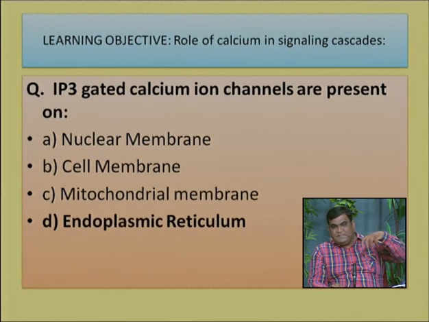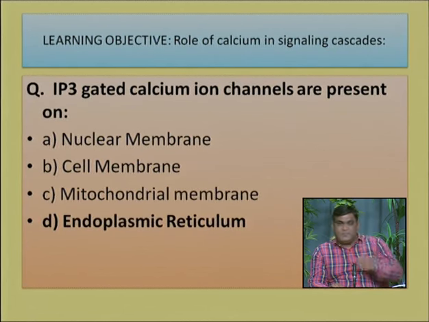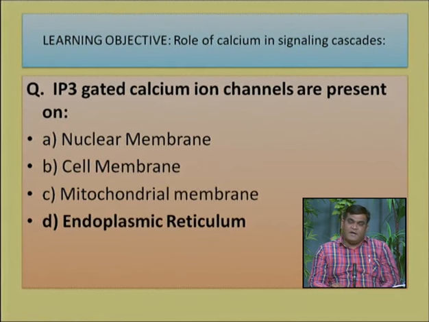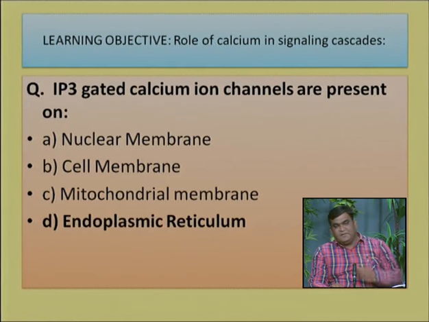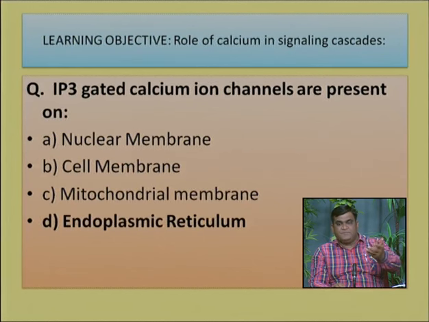IP3 receptors will bind to inositol triphosphate, or IP3, or in some cases a special kind of receptor called ryanodine receptors will bind to calcium. They will open up whenever calcium is required for some signaling pathway or something else within the cytosol.